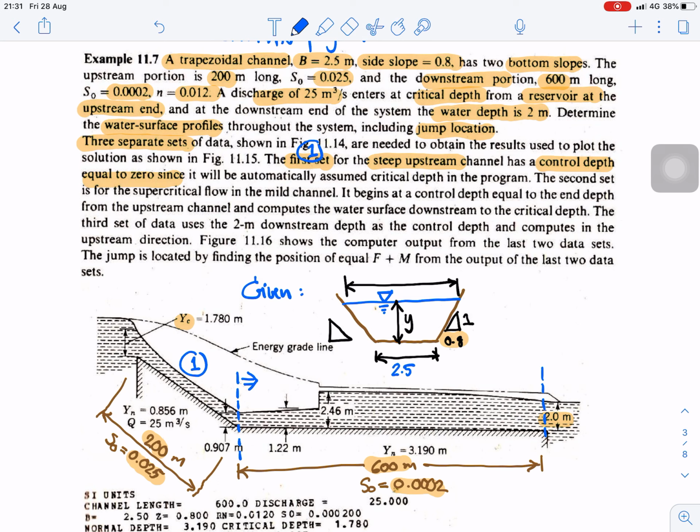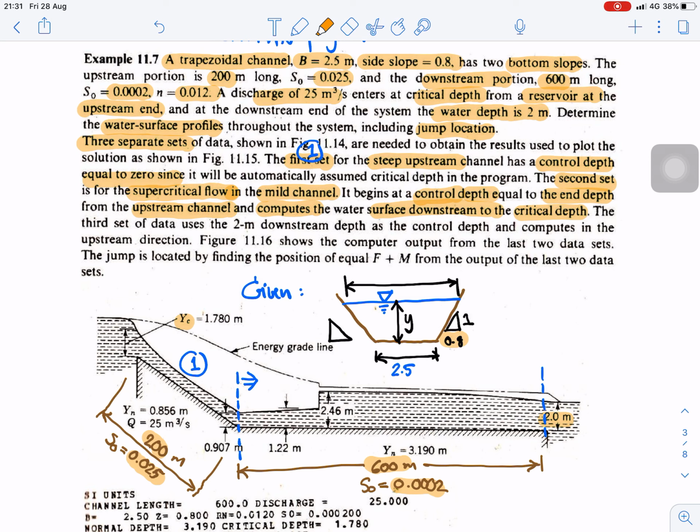And the second set is for the supercritical flow in the mild channel. It begins at the control depth equal to the end depth from the upstream channel, and computes the water surface downstream to the critical depth.